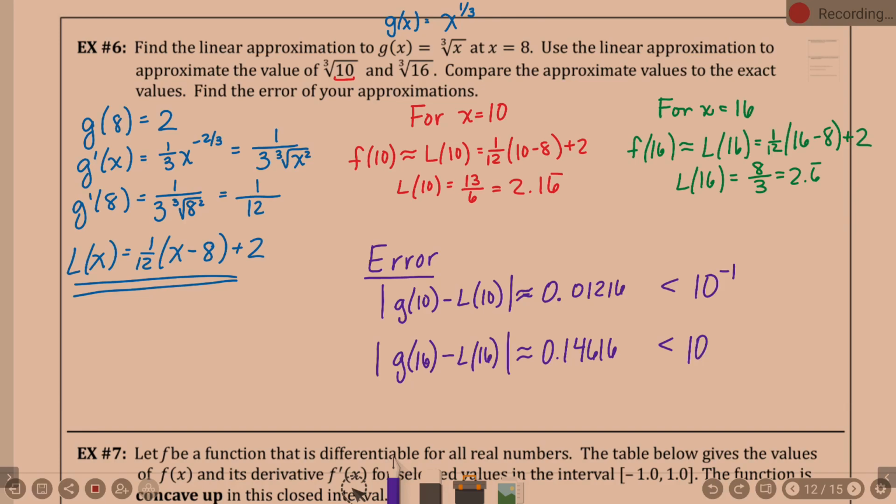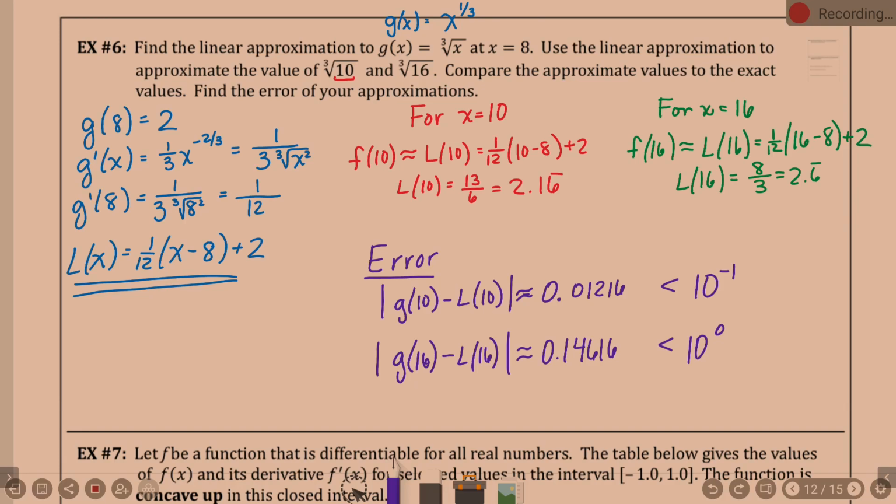So the error is less than 10 to the first? Less. Well, how many zeros are there? There are no zeros, so I would say 10 to the 0, which is just 1. Can't we just say less than 1? I'm going to leave it as 10 to the 0 just because that's how we traditionally express error.